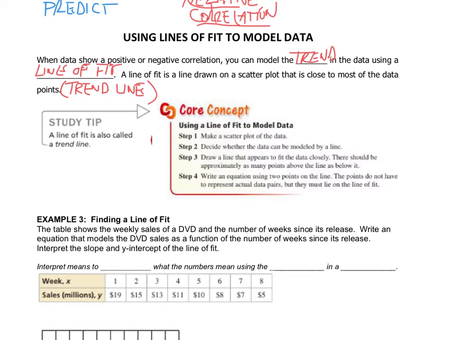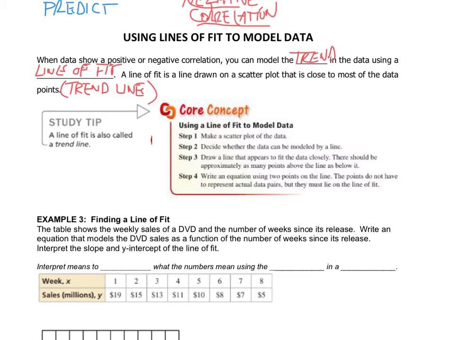So looking at this kind of map here, first we make the scatter plot. We're going to take a table and we're going to make a scatter plot. Then we decide if it can be modeled by a line. Sometimes if it's no correlation, then we can't. But if it is something that we can do, we're going to draw a line that appears to fit the data closely. Now, a couple of key things here.